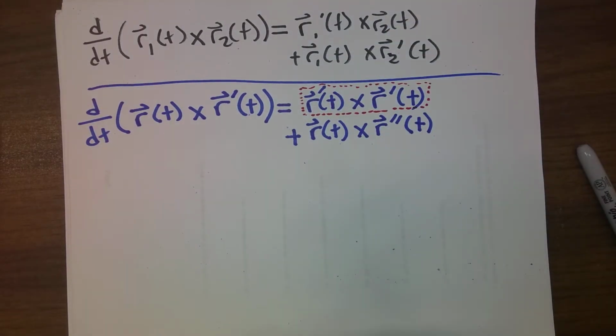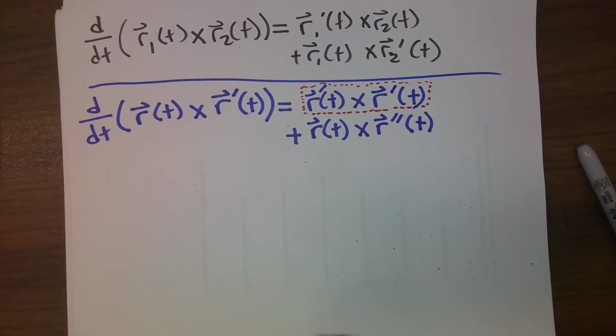And if you think back to our 12.4, our cross product rules, we have that if you cross together 2 parallel vectors, or vectors that are pointing either in the same or completely opposite directions, you get the 0 vector.